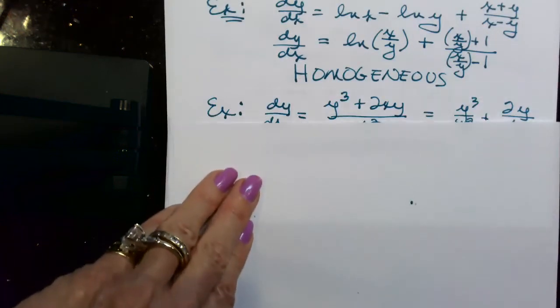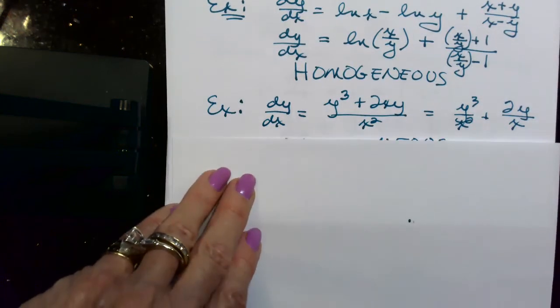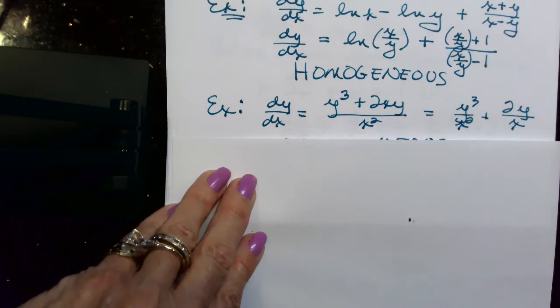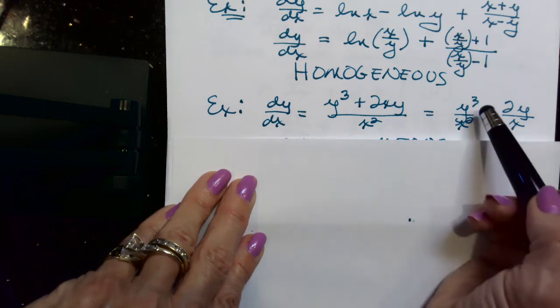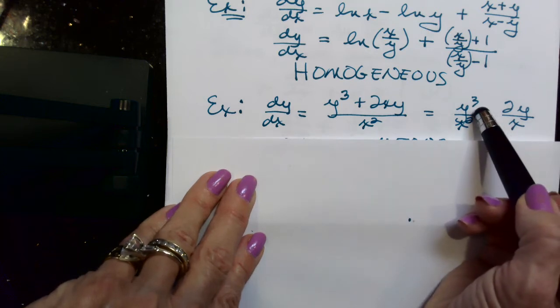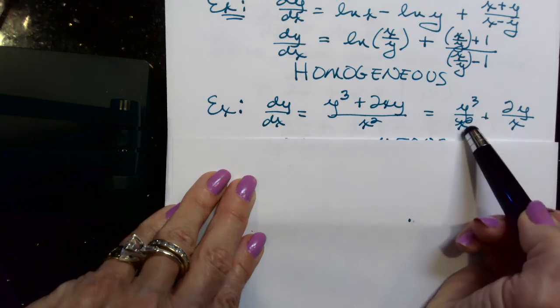Let's look at one last example. Let's look at the equation dy/dx is y cubed plus 2xy over x squared. And now when you go to rewrite this, you get y cubed over x squared plus 2 times y over x. So you see, you're never going to get this to depend only on the ratio of x over y or y over x, because here you have a y cubed and here you have an x squared.